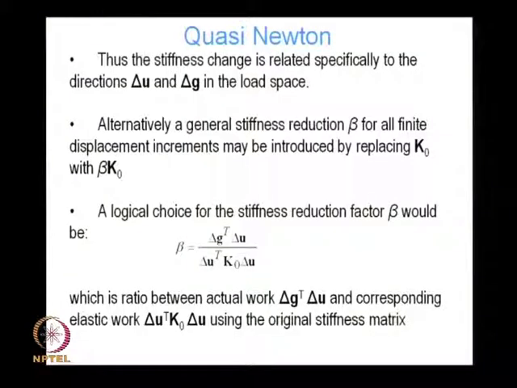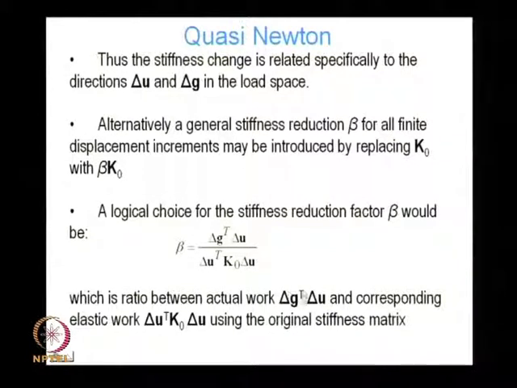That K0 delta U times delta U transpose is like the elastic work, a force times displacement delta U. If the material were elastic, this would be the elastic work, but the actual work is nothing but delta G transpose delta U, because the actual force is delta G, not K0 delta U, since the response is not linear. The delta G is no longer equal to K0 delta U.